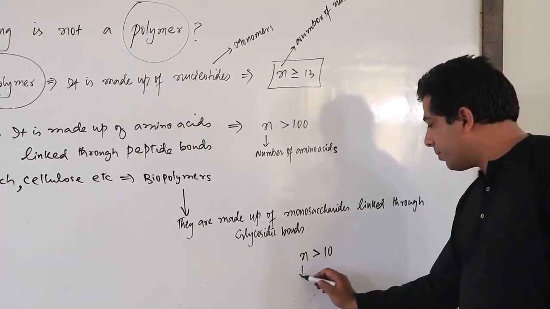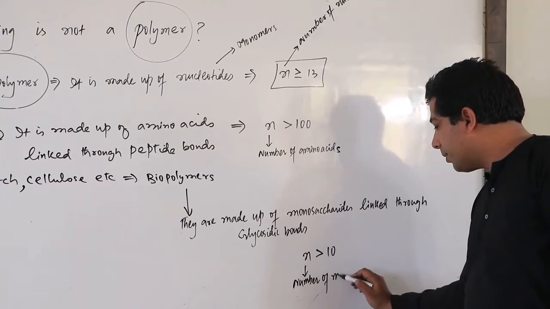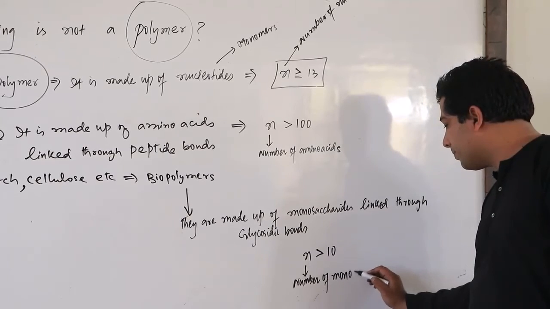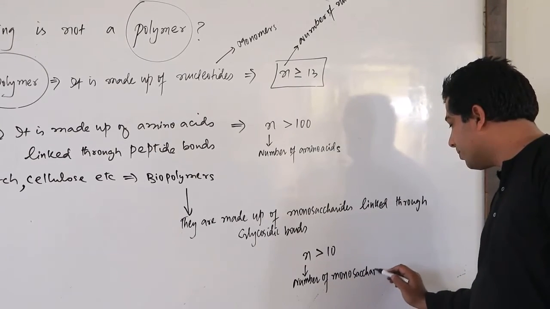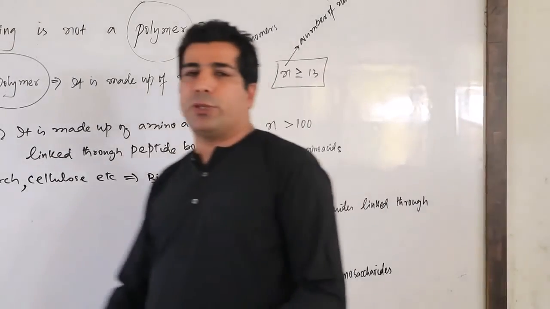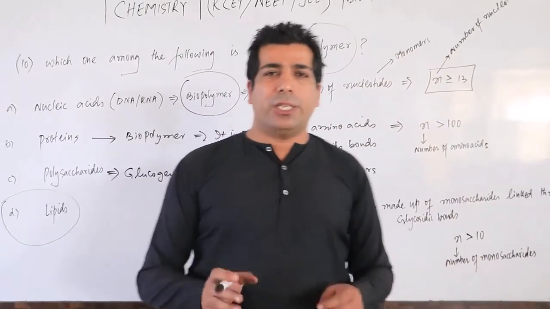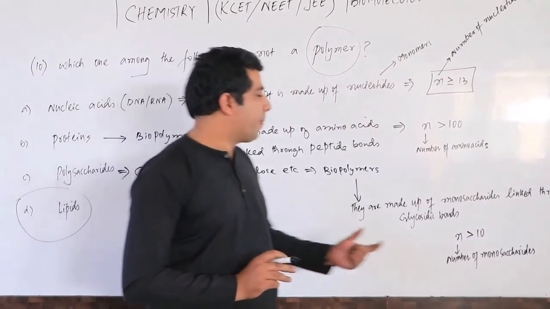So the number of monosaccharides in polysaccharides should be greater than 10. They can be 100, 300, 1000, but they should be greater than 10.